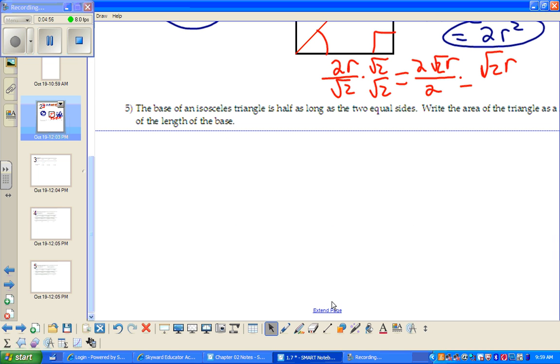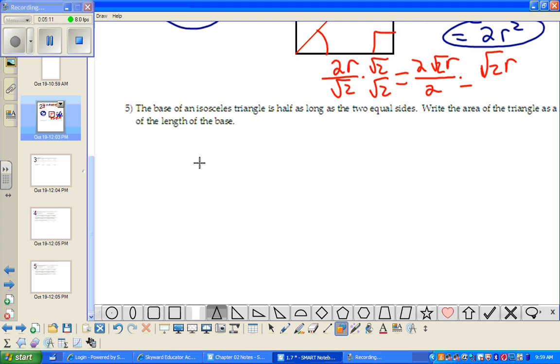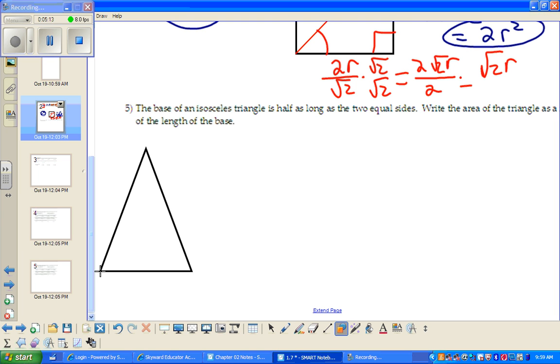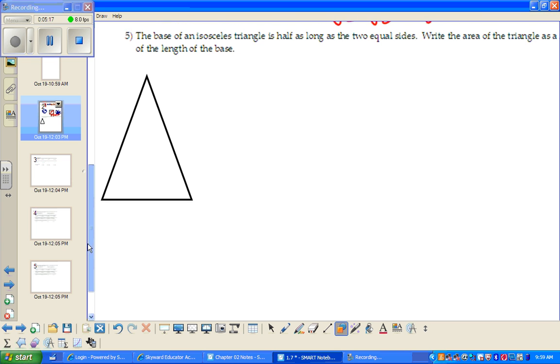Problem number 5. The base of an isosceles triangle is half as long as the two equal sides. Write the area of the triangle as a function of the length of the base. Here's my isosceles triangle.